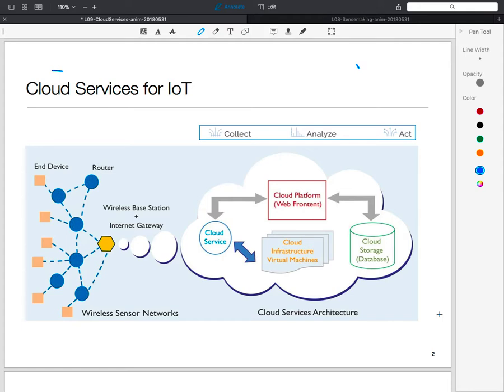So currently these kind of things are limited to cases where data rates are low and where latency requirements are doable. For example, typically latencies to a data center would be in tens of milliseconds, maybe hundreds of milliseconds, which pretty much means you won't be doing your motor control loop around this, but you might be doing something like a motion sensor triggering a light. Those things are doable.